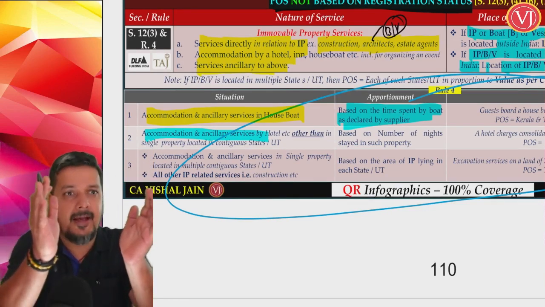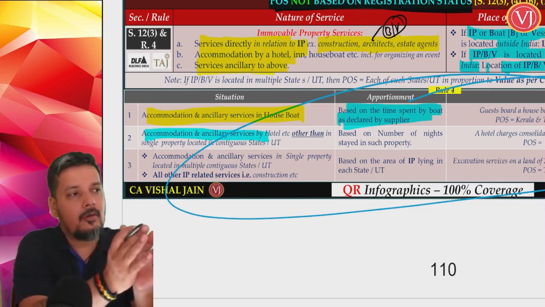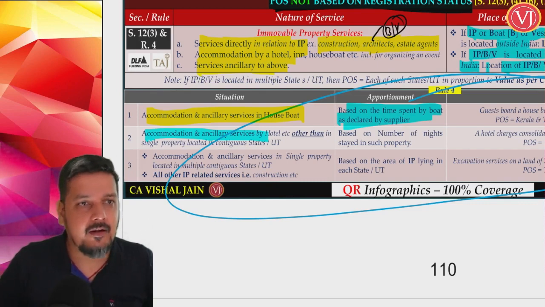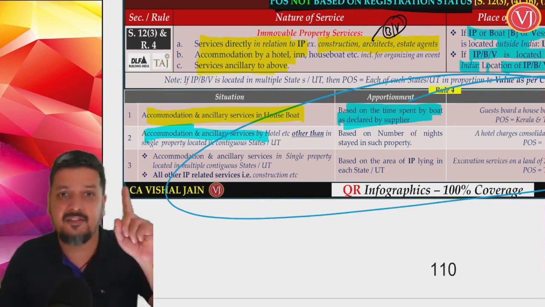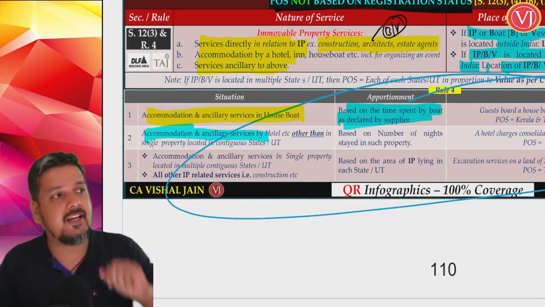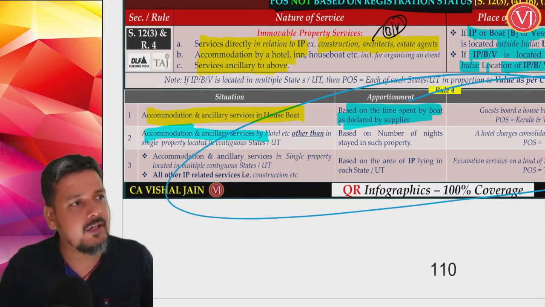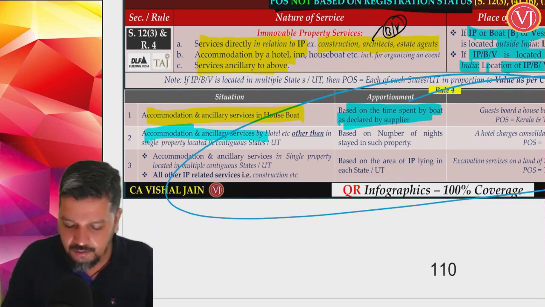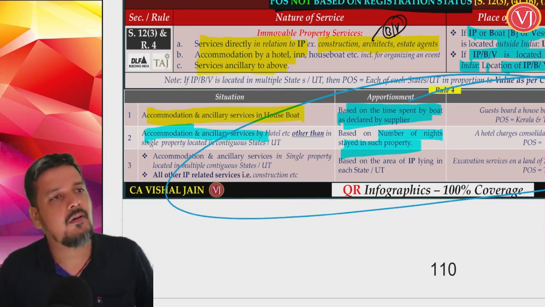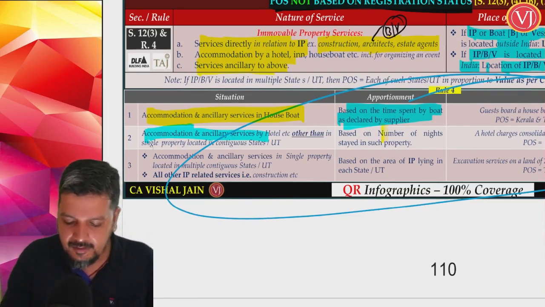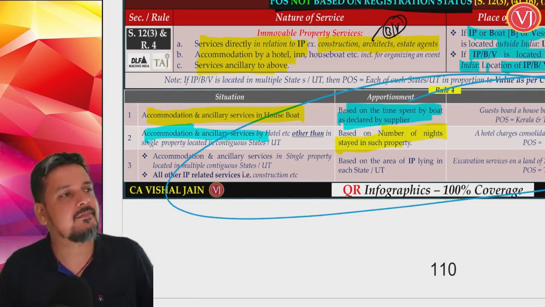I go for one single package: 2 days in Mumbai and 3 days in Ladakh. What should be the answer now? 2:3. Maharashtra and Ladakh in the ratio of number of nights stayed in that property.